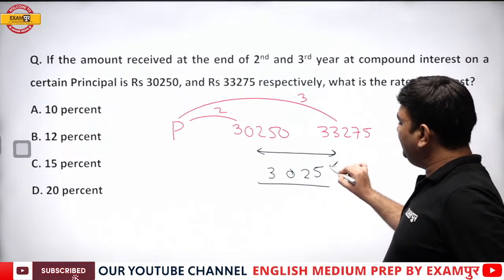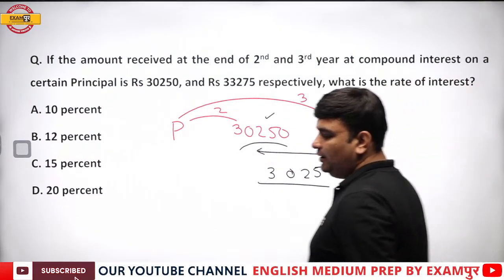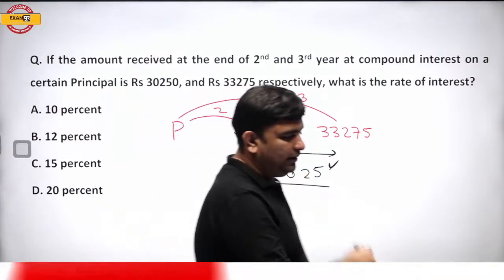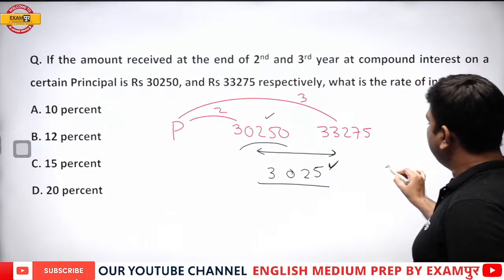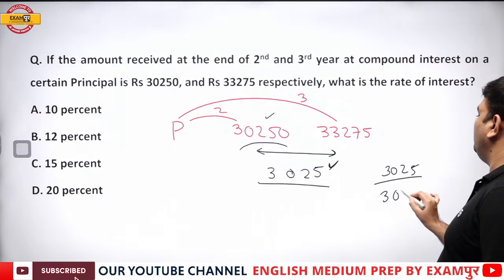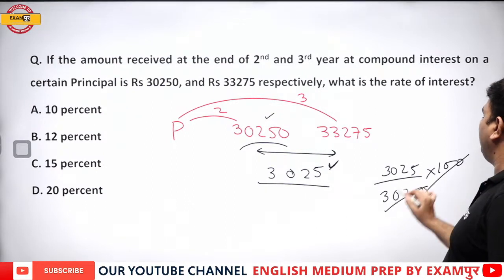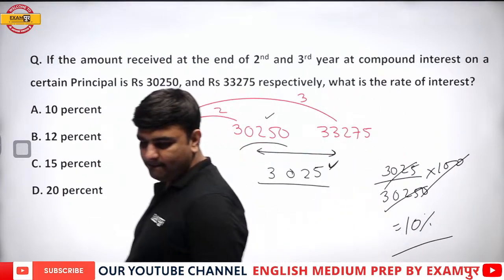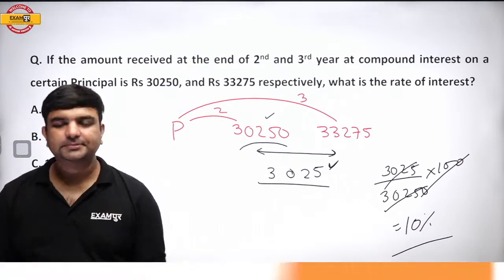Now this increment of 3025 is over this principal, because in compound interest, amounts become the principal after every year. So this 3025 interest you have received over 30250. What is the rate we will get? It's 10%. Clear, guys? Come on, tell me.